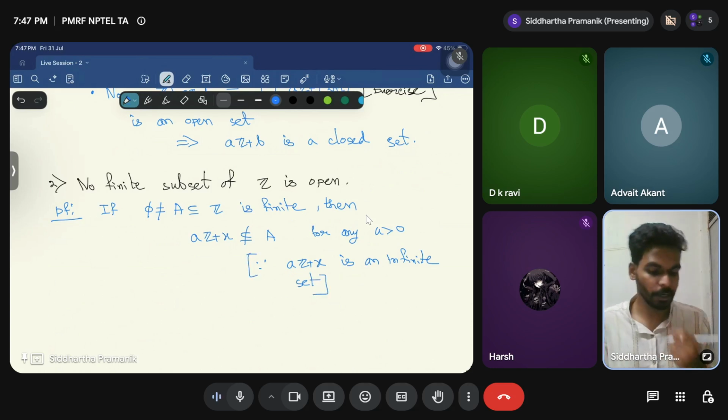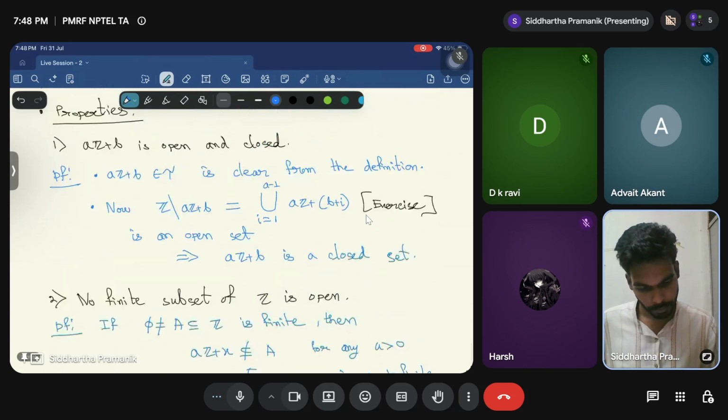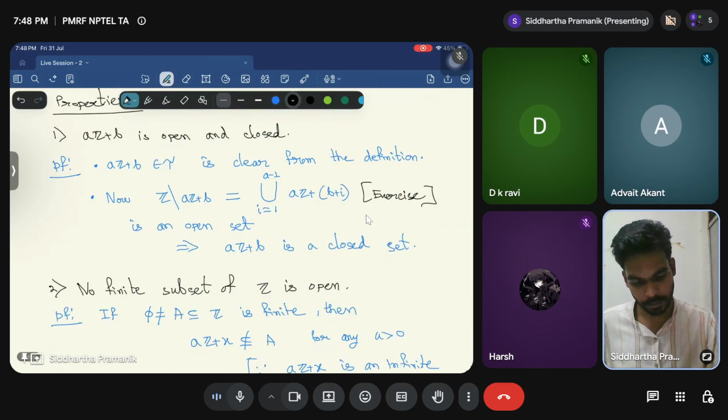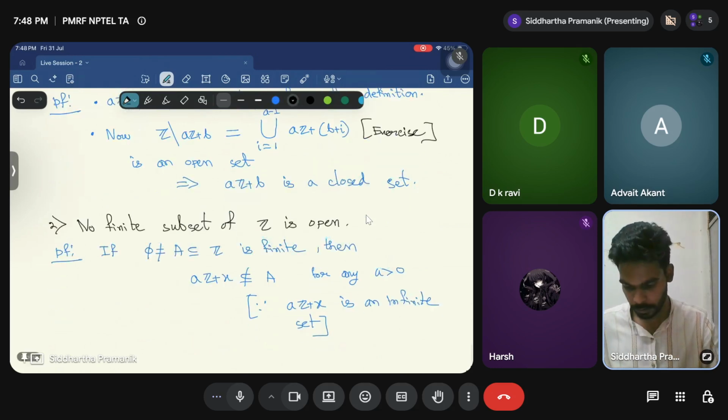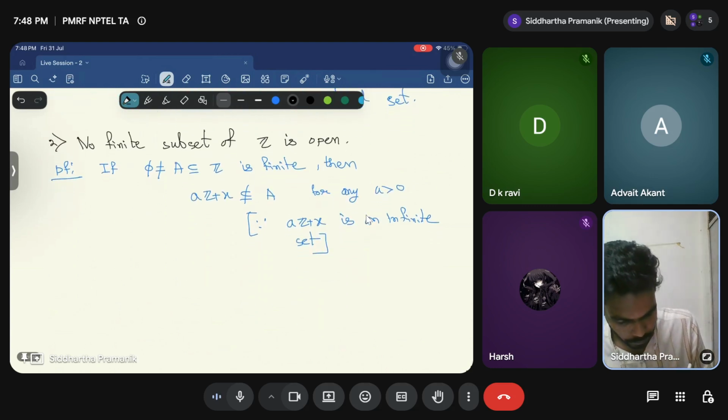So from the definition of the topology, finite sets cannot be elements of the topology. Okay. So now using these two facts, I can prove what I told you, the proof of infinitude of primes.